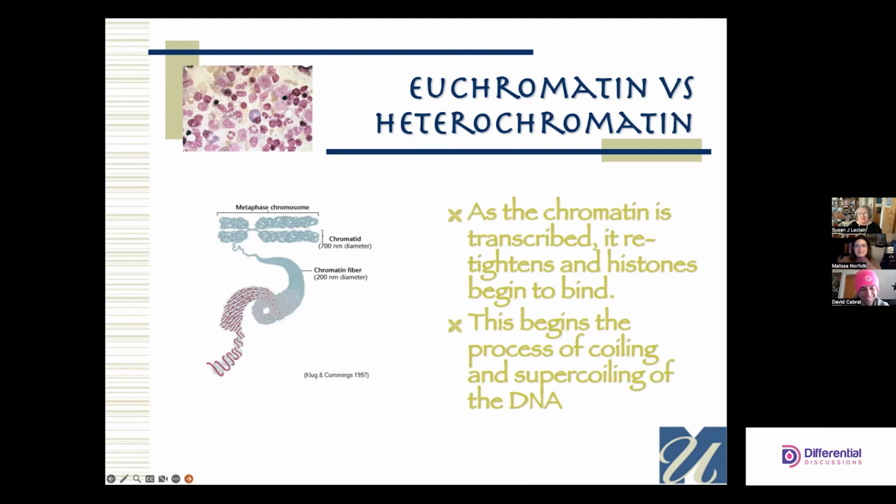So how does this supercoiling really work? I mean, it's nice to talk about ropes and it's nice to talk about pearls, but how exactly is it done? And it's done in this process of just repeatedly twisting the DNA tighter and then periodically throwing in one of those histones, which bind and make it permanent.